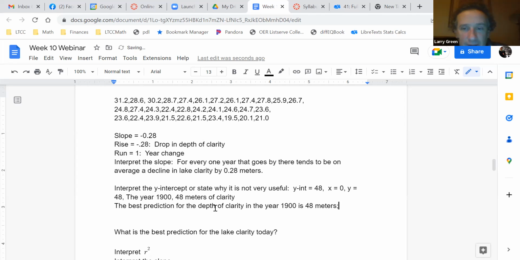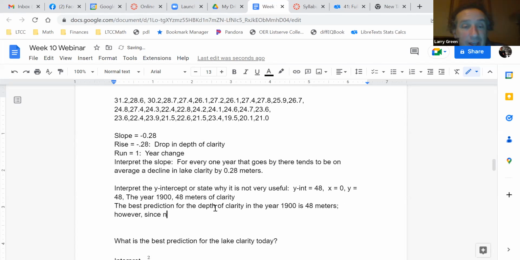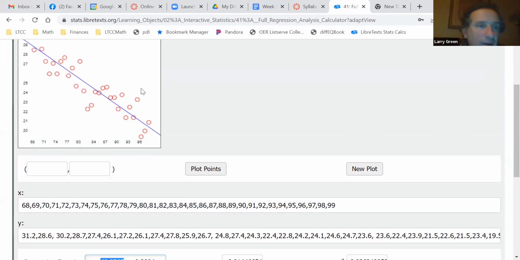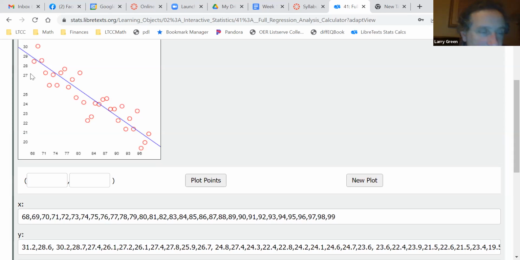However, since none of the data points are anywhere near 1900, right? Because if you look at the data, 1968 is when they started looking at it. Okay, so that's like ages ago compared.